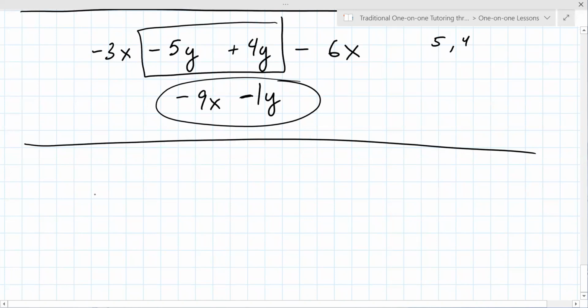You're really close. So let's go negative 2x plus 4x minus 3y plus 4y. Go ahead and give that one a try.